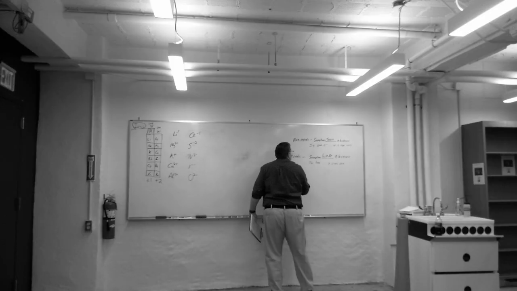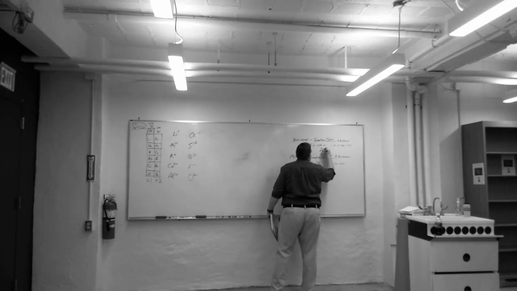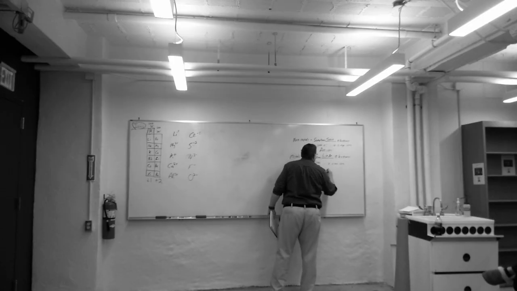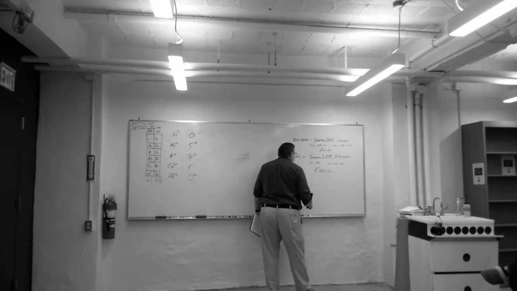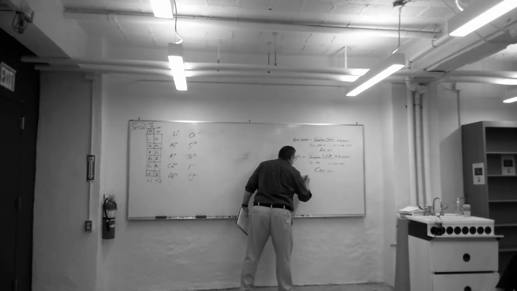Oh, by the way, if you gain electrons and you're negative, you're an anion. And if you lose electrons and you're positive, you're a cation. I saw this meme somewhere.